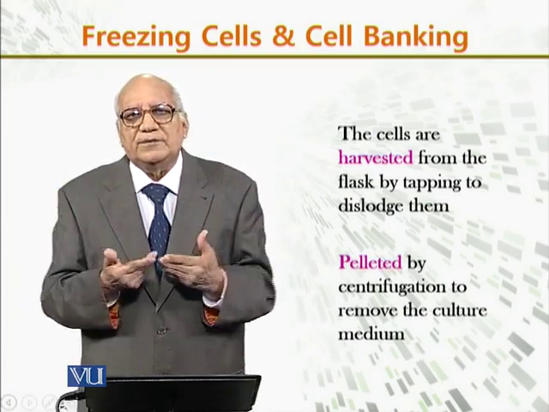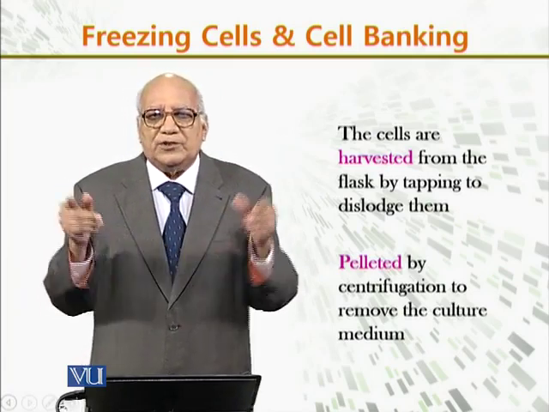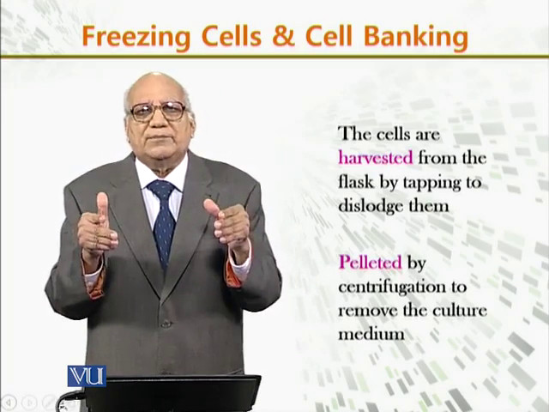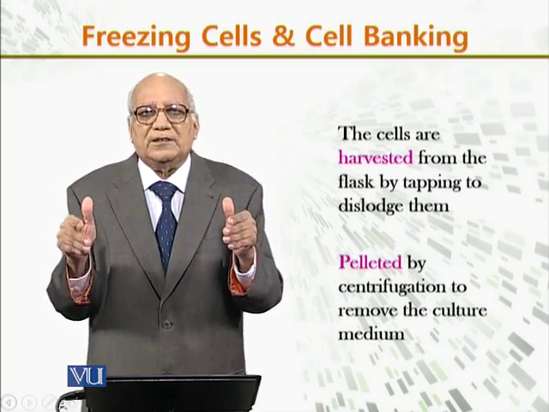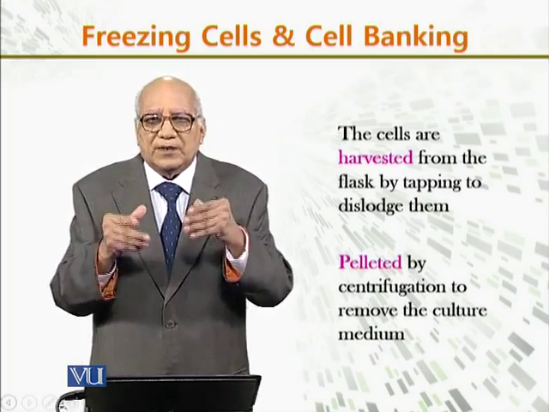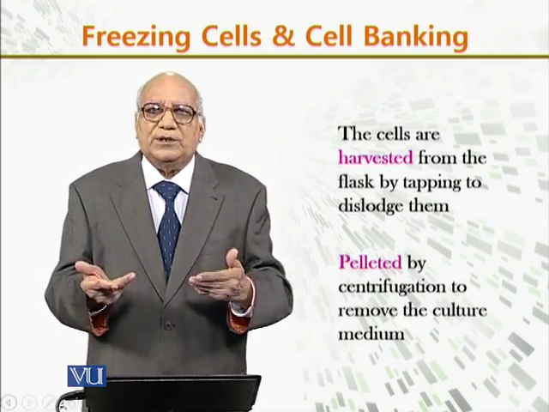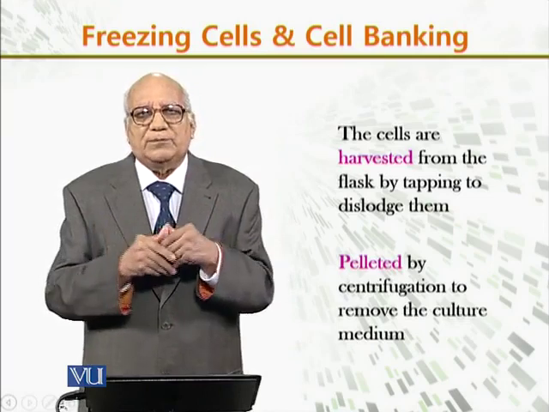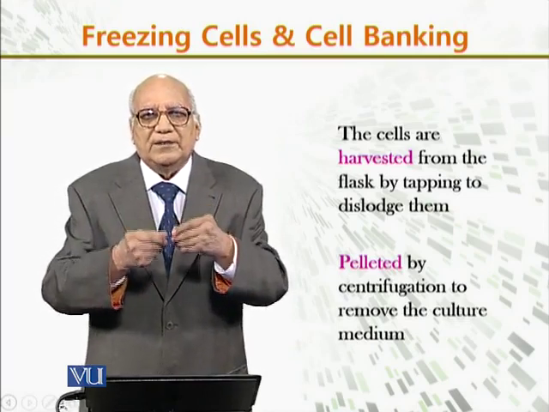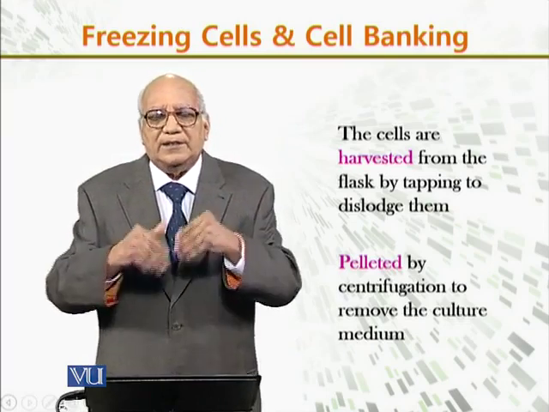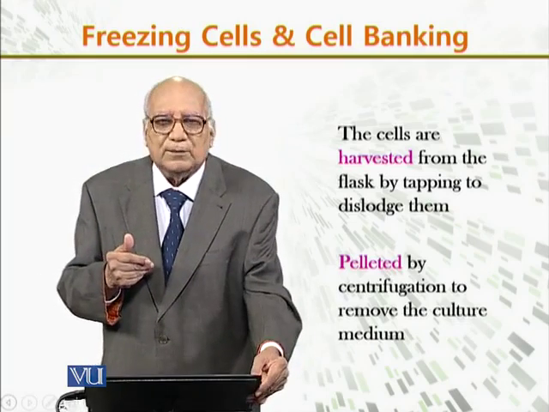We tap the flask walls and they are dislodged. Then, once they are in solution, they are pelleted by centrifugation, where they make a pellet and the culture medium is removed.